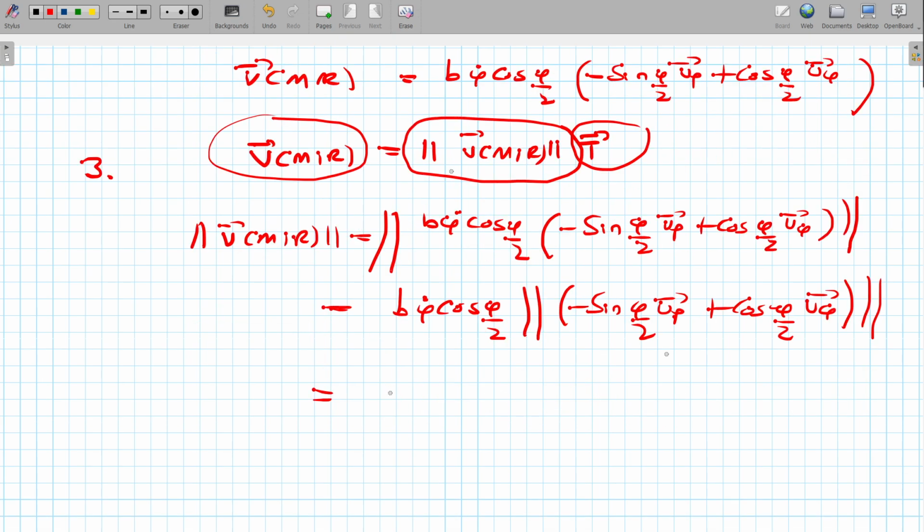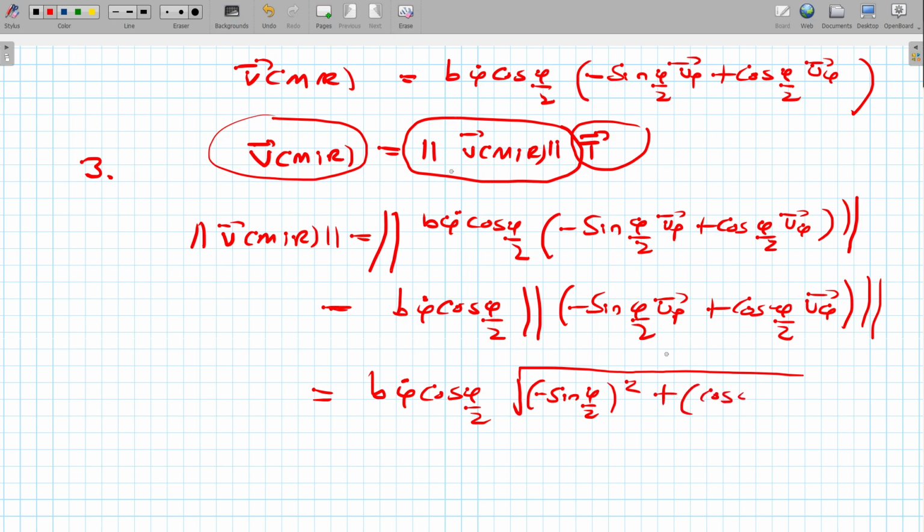So if you have this expression to calculate the norm, all you have to do is say b phi point, and then it is the root of the first component squared plus the second component squared. The first component squared is minus sine phi divided by 2 squared, plus cosine phi divided by 2 squared, like so.